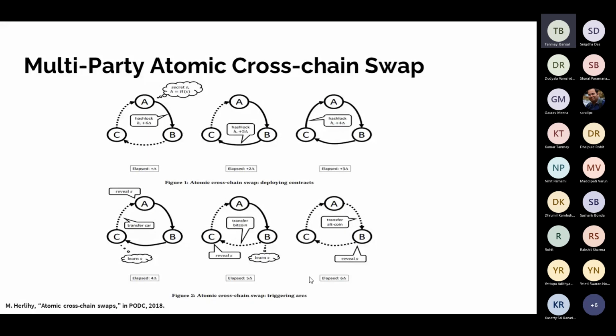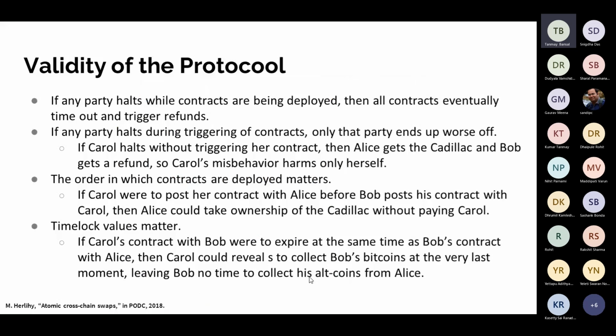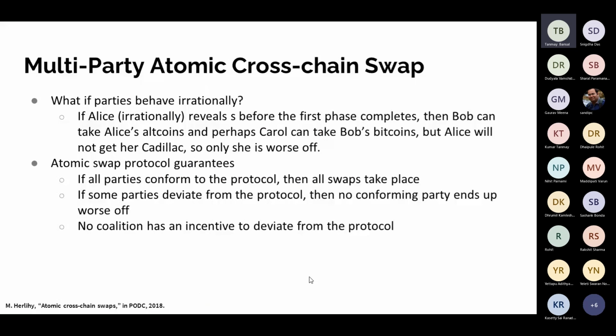So it guarantees that if all parties conform to the protocol, then all the swaps would take place. But if some parties deviate from the protocol, then no conforming party would end up worse off. As we have seen, the parties that conform are not ending up worse off.